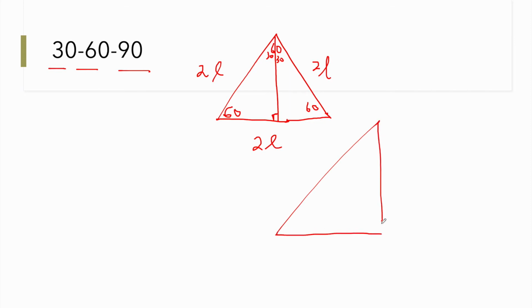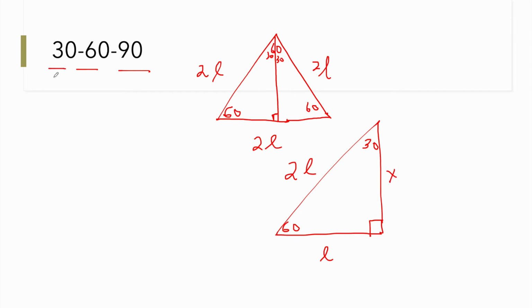The special triangle will be 90, 30, 60 degrees. If we bisect the sides here, then instead of having 2L here, we will have L. And now we have our hypotenuse, which is 2L. Now we are looking for this side, and I will label this side X.